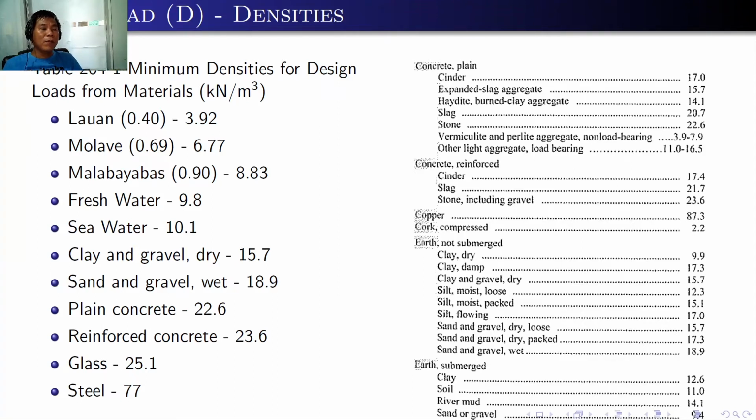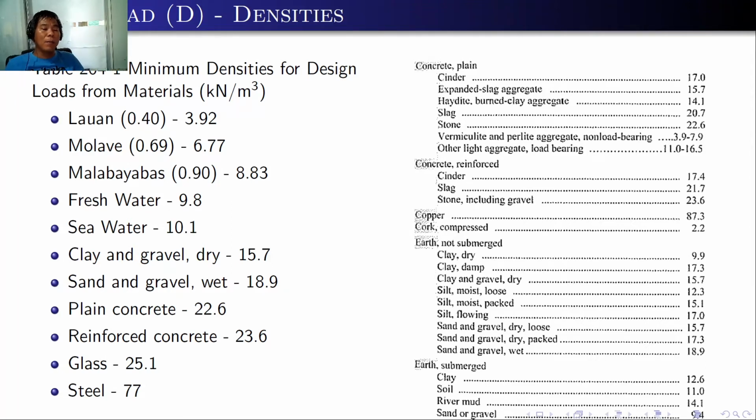Like for example, for Lawaan, it has a relative density of 0.4, so it is quite light, 3.92 kilonewton per meter cube. For Molave, it's heavier with a relative density of 0.69, so the density is 6.77.